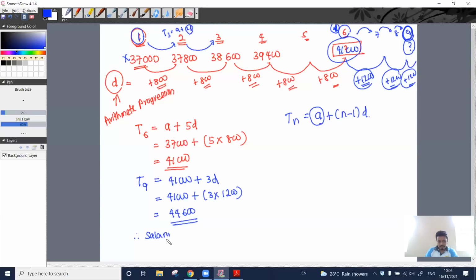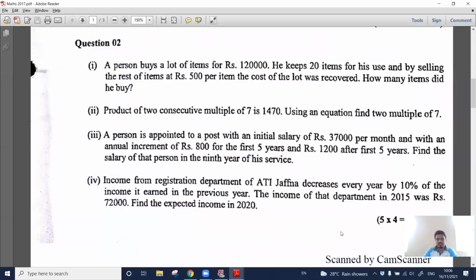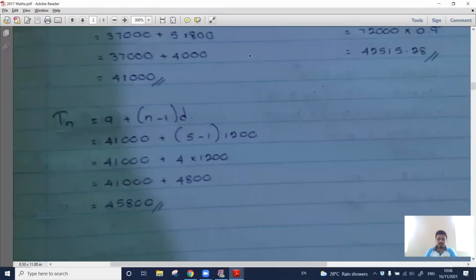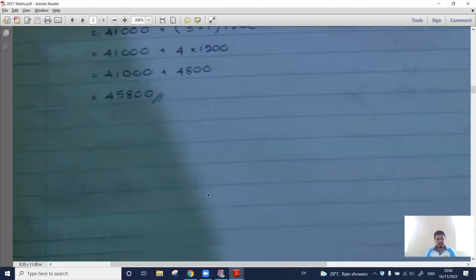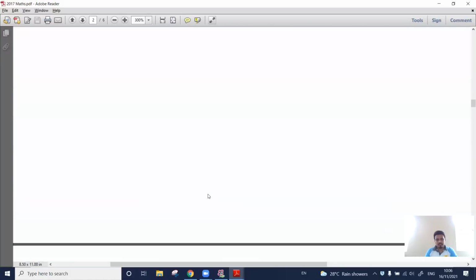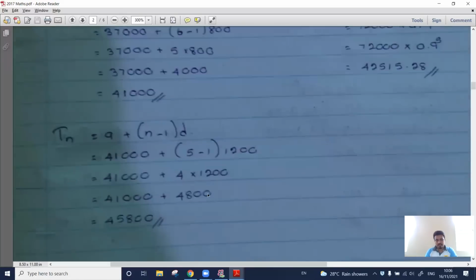Salary in the 9th year of service equals rupees 44,600. Right. So here you have 3 answers, but at last you need to clearly mention what the final one is.